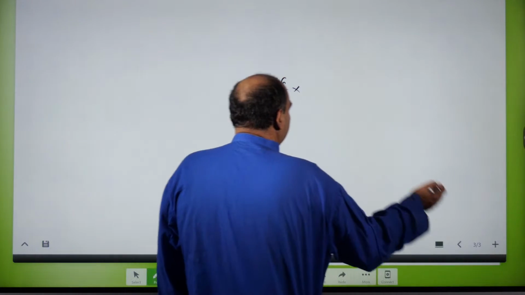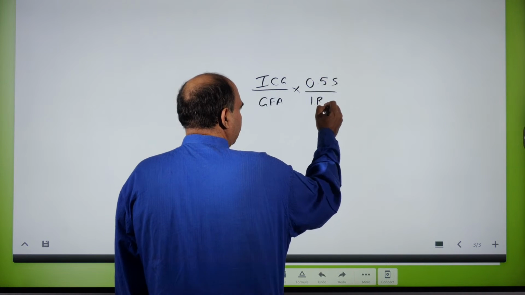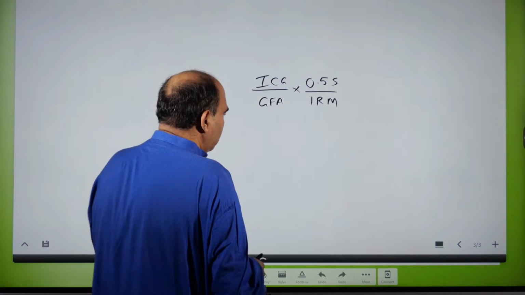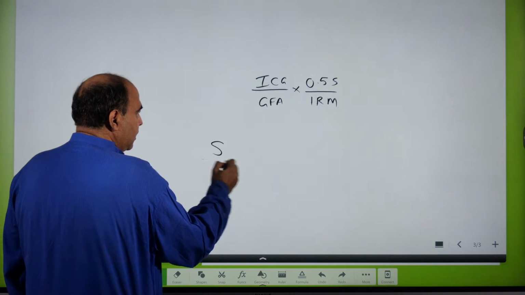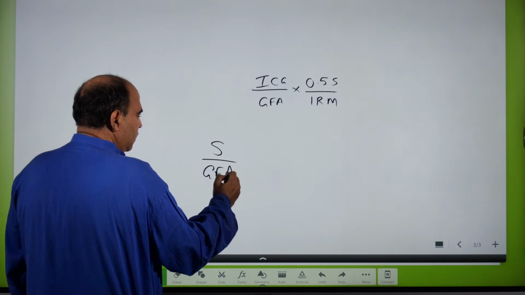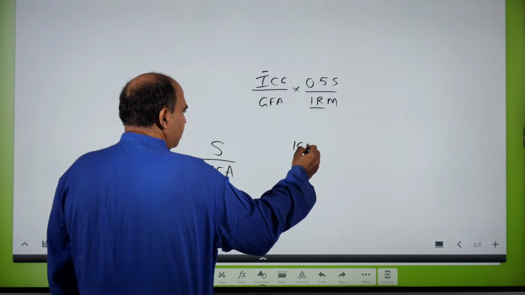So what I'll see here is 0.5 S upon IRM. So I realize that if I want to find the ratio of S upon GFA, the hurdle is in finding the ratio of ICG upon IRM.